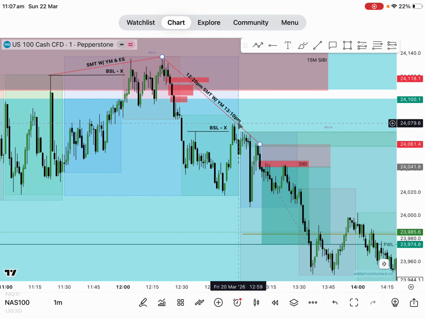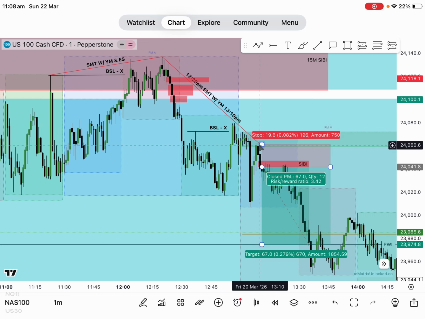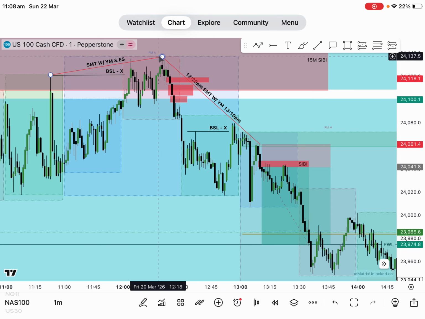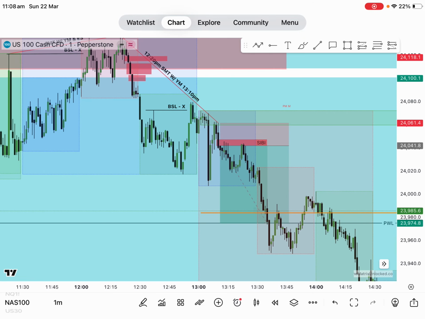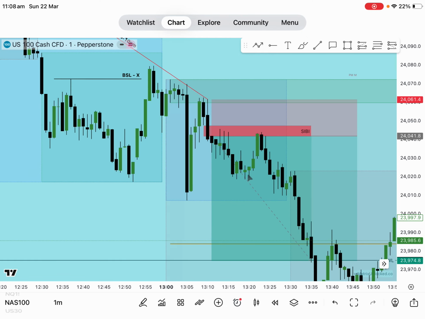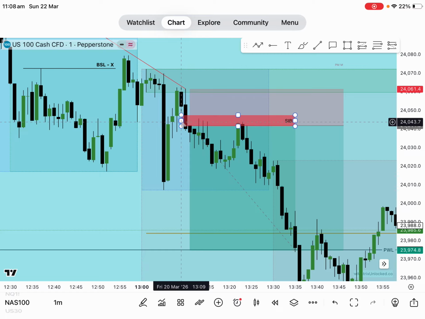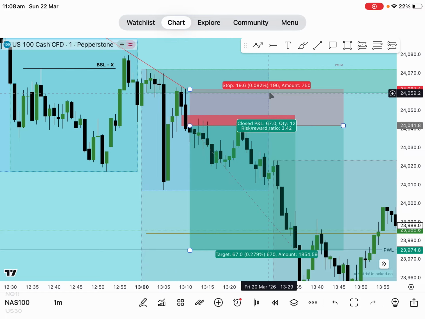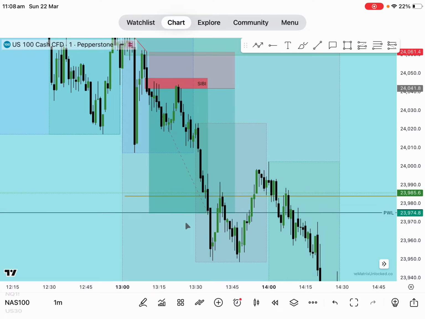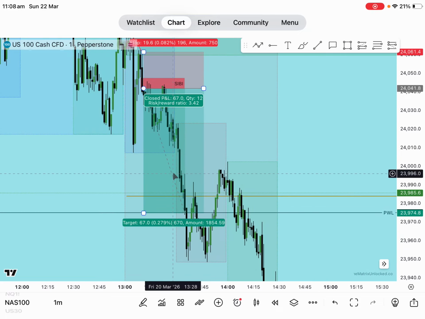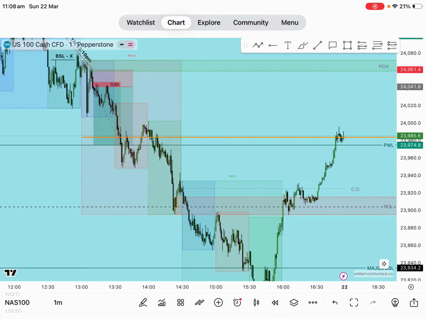Look, it creates SMT with Dow Jones. At 1310, Dow Jones made a higher high compared to Nasdaq. As soon as you see that, boom, wait for first presented fair value gap, target above the candle one high, opposing liquidity, boom, 3.42 risk to reward ratio, guys.